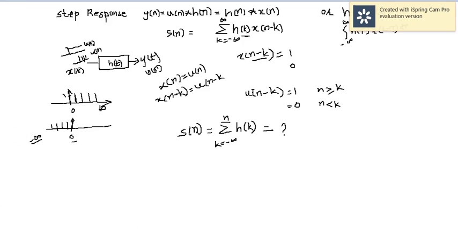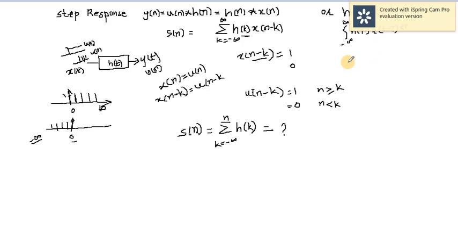This example is with respect to discrete signals. With continuous signals, the same thing applies. We have the signal x of t minus tau, and it is 1 if t minus tau is equal to 0 or greater. If t minus tau is less than 0, then in u of t minus tau we start getting u of minus values, which makes it 0.